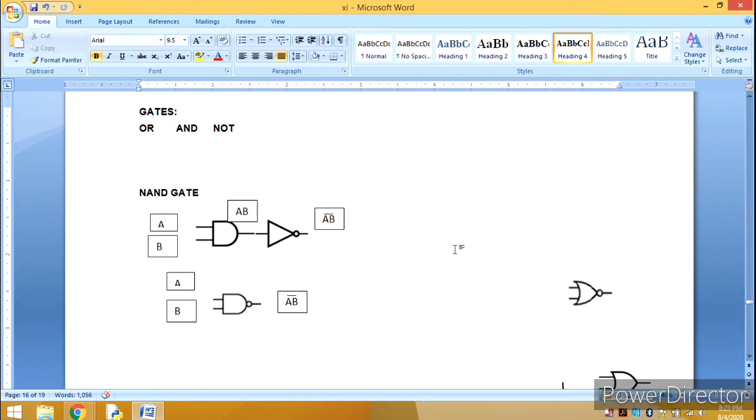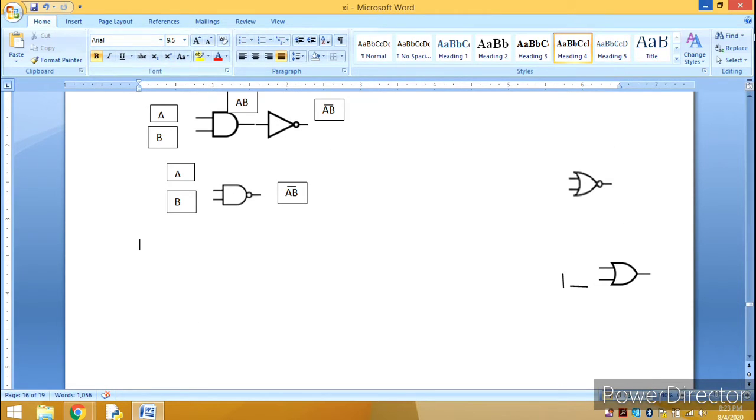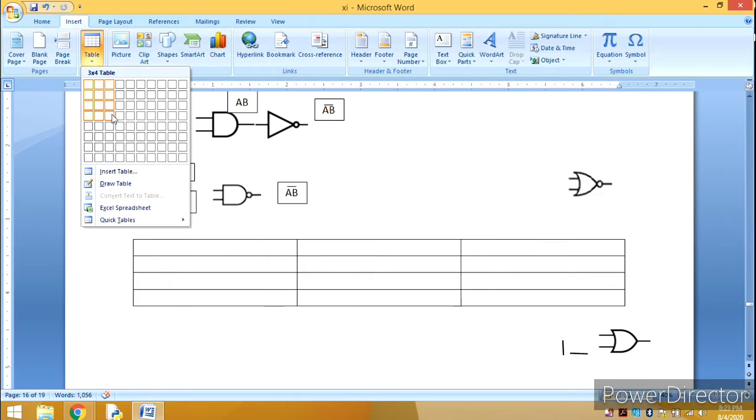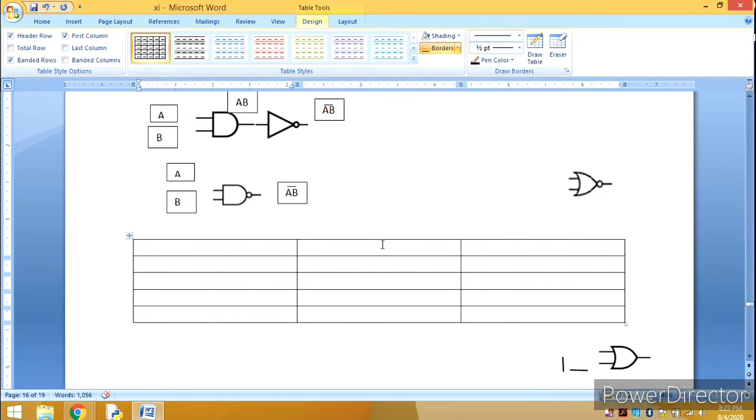Now if we try to get the truth table for this, how will it be? How many inputs have we taken? Two inputs. Only two inputs. So we have the two inputs as A and B, isn't it?